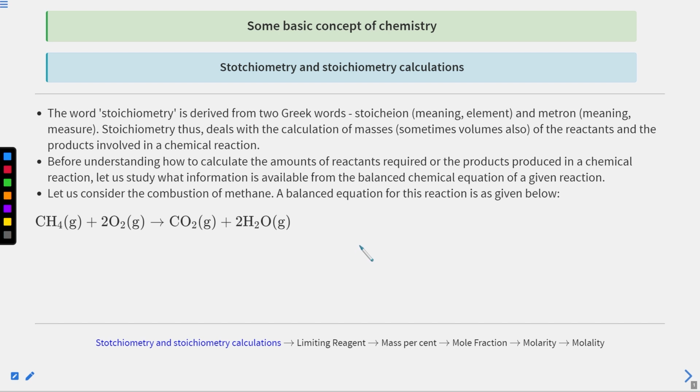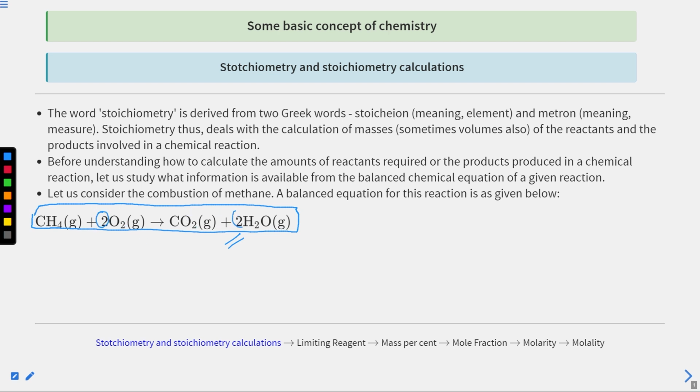If you talk about a chemical reaction, then the reaction is represented with the help of an equation that is called a chemical equation, in which on the left hand side of the arrow we have reactants, and on the right hand side of the arrow we have the products. Now, some reactants are led by a number.